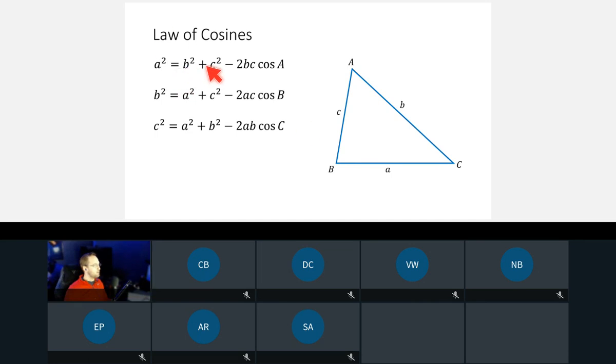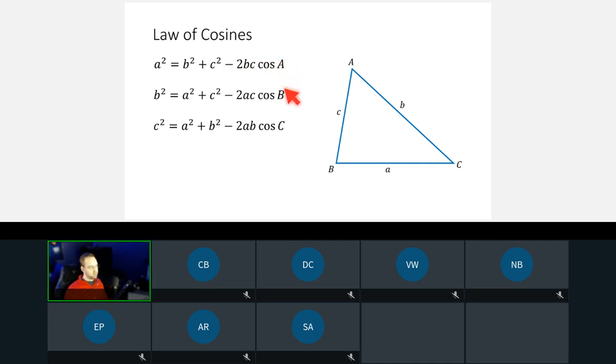All right. So these are the 3 variations, and really they're the same. They're just talking about if your point of view is angle A or angle B or angle C. Something to take note, if you're using angle A, side A is on this side of the equal sign. And that goes for angle B, side B on the other side, angle C, side C. And then here's angle A. Side B and side C are on the same side as this.